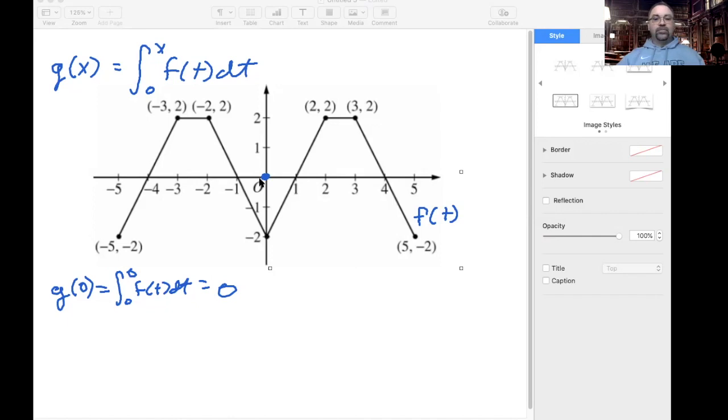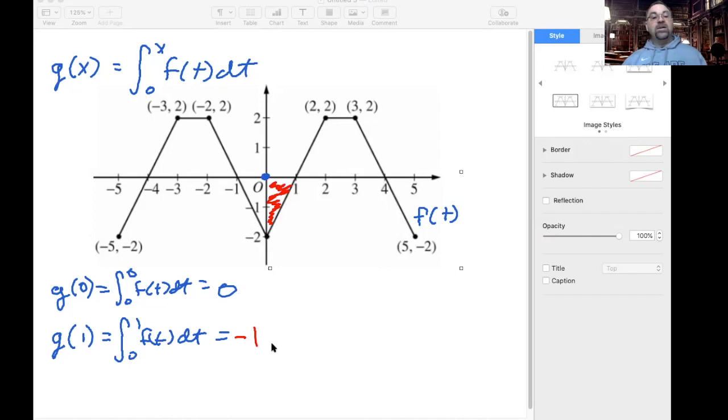For example, could you find g of 1 now? Sure. What does the integral from 0 to 1 of f of t dt look like? Well, what's this right here? That's a triangle, right? It's got a height of 2 and a length of 1. So that's an area of 1, but it is below the x-axis, so it's -1.